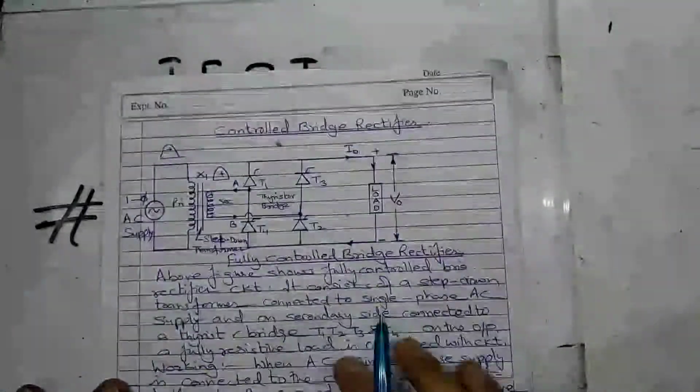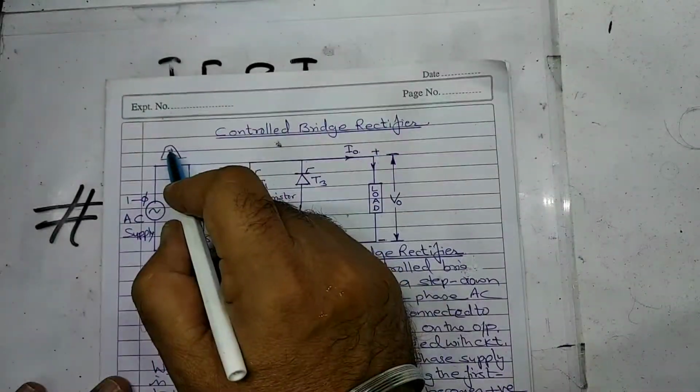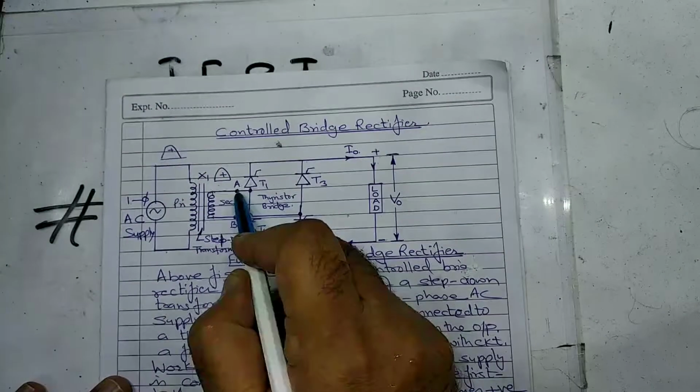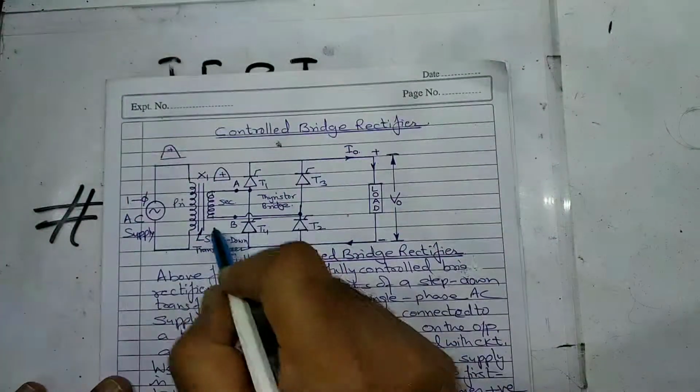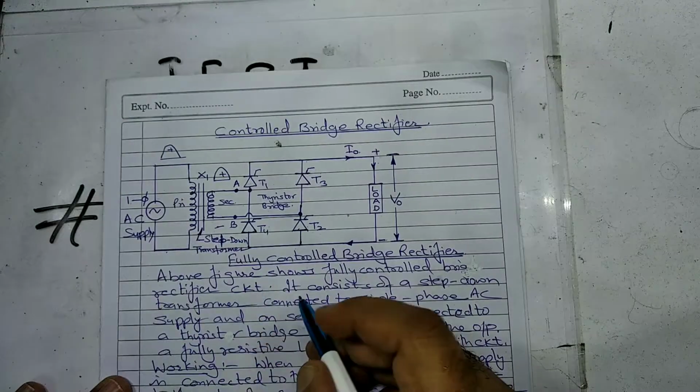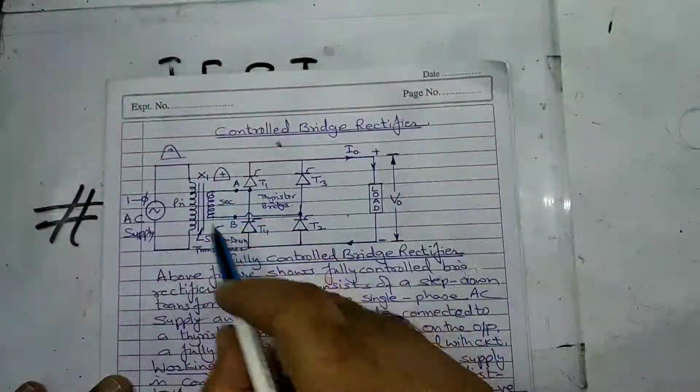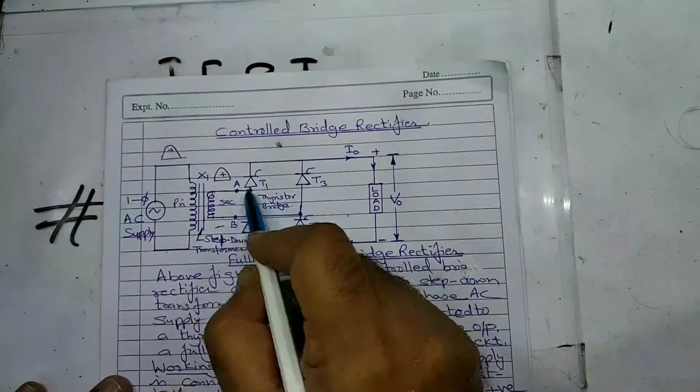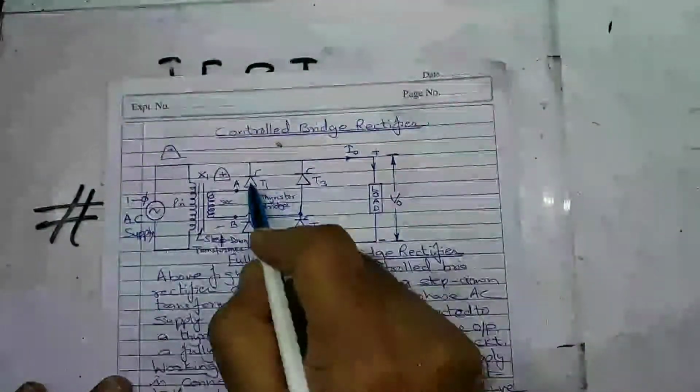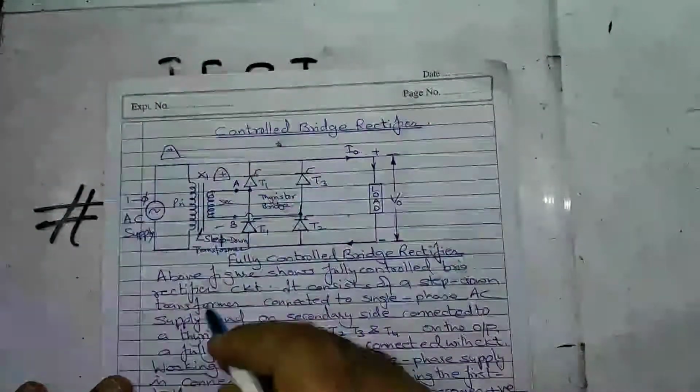During the first half cycle, the positive cycle, point A becomes positive and point B becomes negative. The positive side is connected to the anode of T1 and the negative side is connected to the cathode of T2.